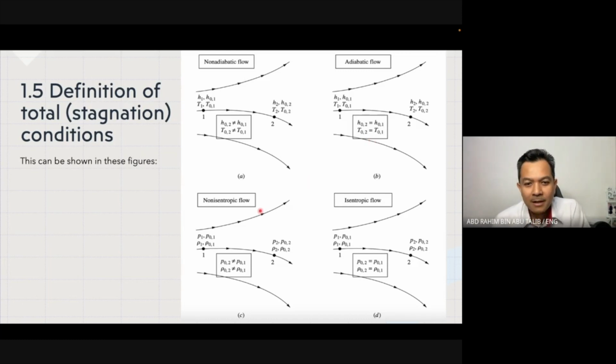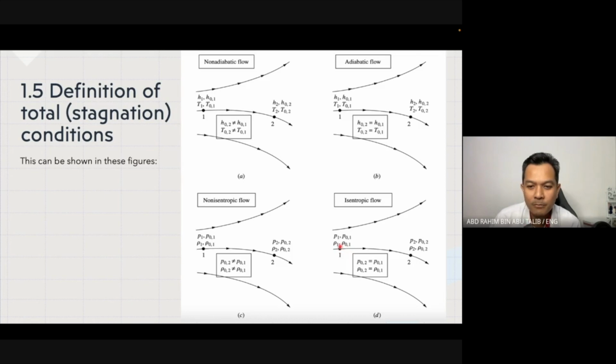Whereas for non-isentropic flow, it is similar to non-adiabatic flow: the pressure at position 2 and position 1 is not equal, and the density is also not equal for station 2 and station 1. Whereas for isentropic flow, the pressure and the density are the same at station 2 and station 1.